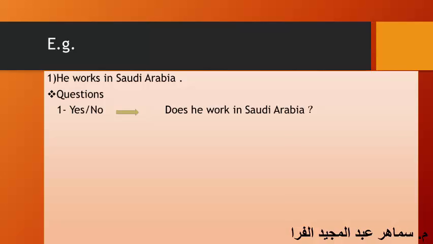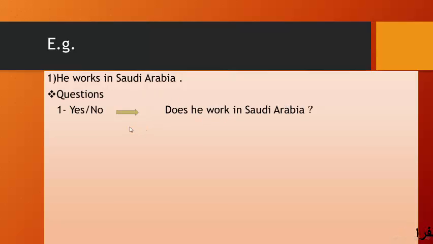If we want to make a yes/no question, we look for the helping verb that suits the sentence. The sentence is he works in Saudi Arabia, and so we need the helping verb does. We put the helping verb does, then the subject pronoun, and then we complete the sentence with the verb. So, does he work in Saudi Arabia?